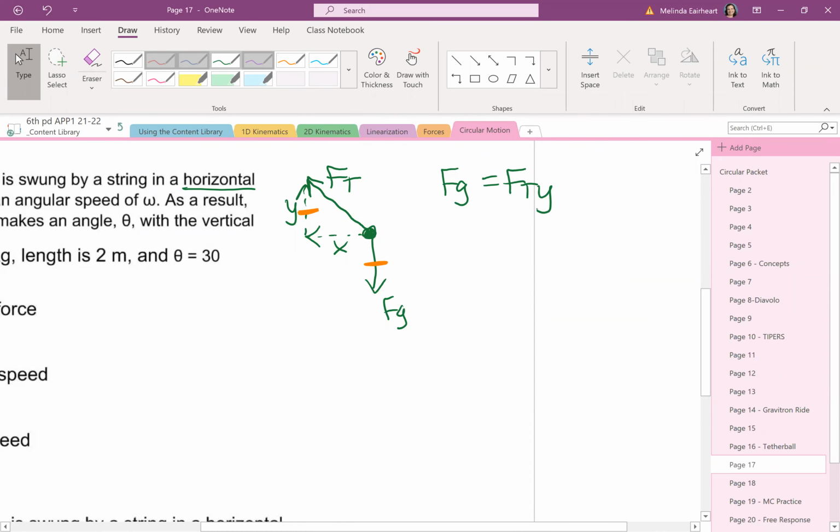Want to do one more thing with the vertical before I leave it. What if we wanted to put that Y component in terms of theta, in terms of the hypotenuse? Notice the Y component is adjacent to that vertical angle. And so we would say F_G, or mg actually, is equal to the hypotenuse times which function?